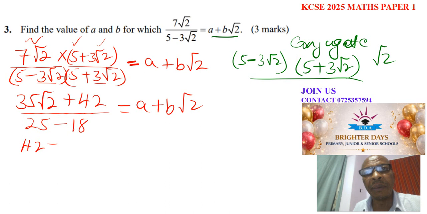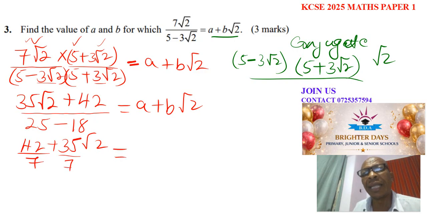We divide both by 7, which is a plus b root 2.